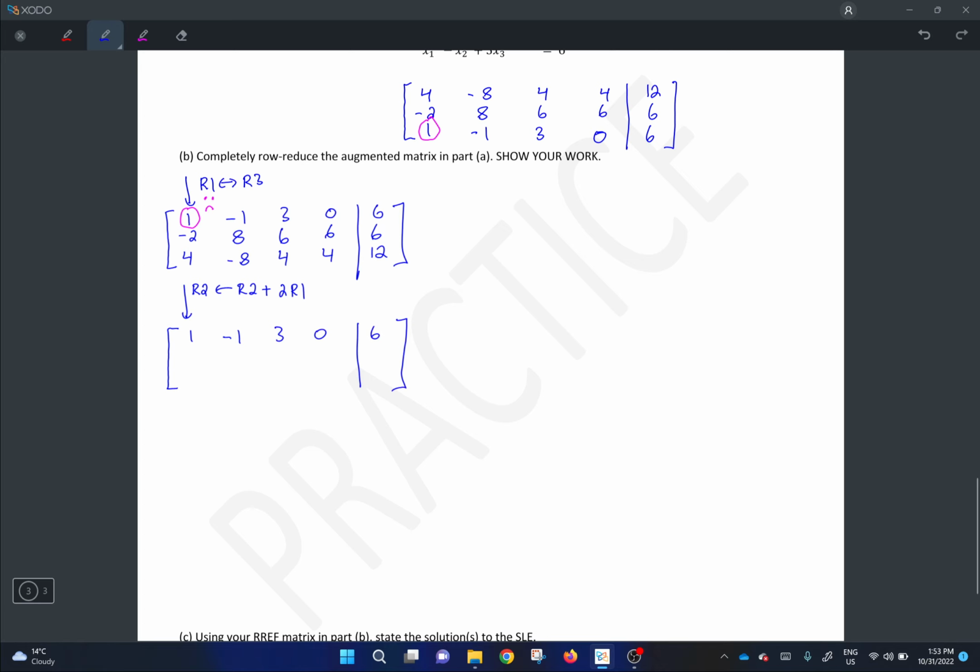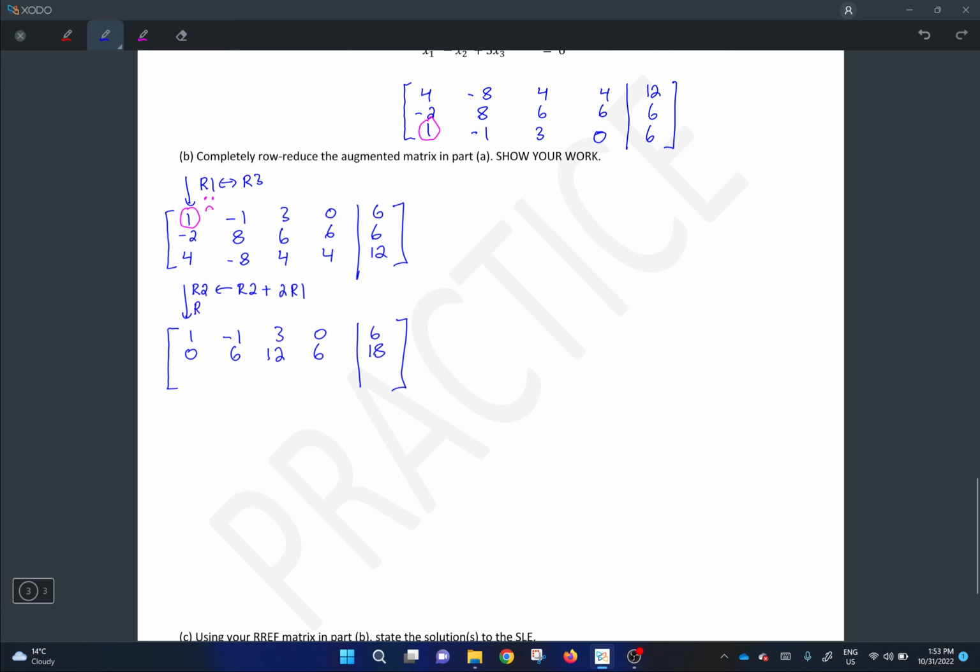And row 2 becomes negative 2 plus 2 times 0. 8 plus 2 times negative 1, so 6. 6 plus 2 times 3, so 6 plus 6, 12. And then 6 plus 2 times 0, so 6. And then 6 plus 2 times 6, so 6 plus 12, 18.